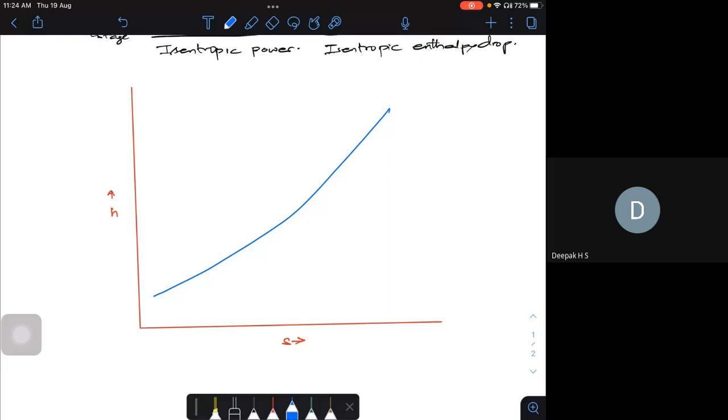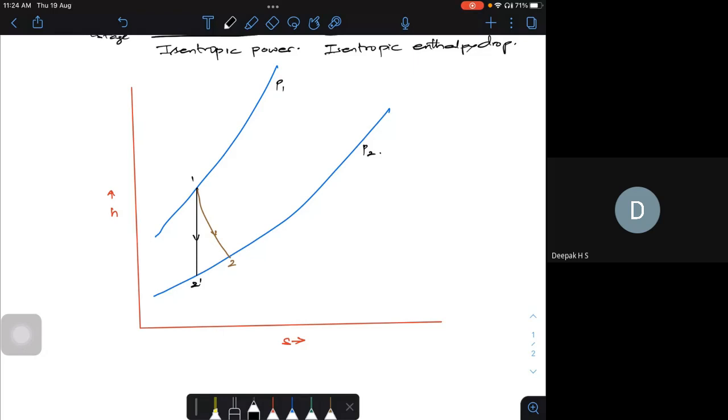If I expand it in a turbine, this is point 1. An isentropic expansion will be in this direction from 1 to 2 dash. If it's an actual expansion, there is an increase in entropy, so it goes from 1 to 2. This is my higher pressure P1 and lower pressure P2.